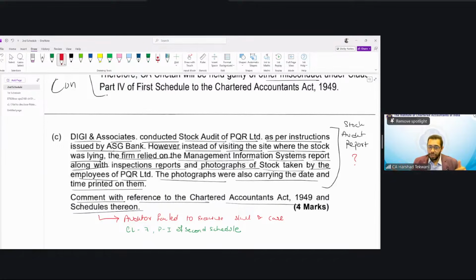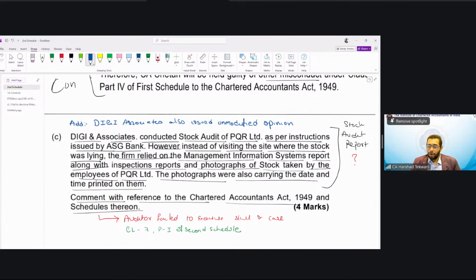Based on the given information, you need to answer the question. Yes, I can apply clause 9 also if the information was given. If I add one more line to this question, let's say this is the addition, that DIGI and Associates also issued a clean report, or let's say an unmodified opinion, without disclosing the fact that they did not perform the physical verification.